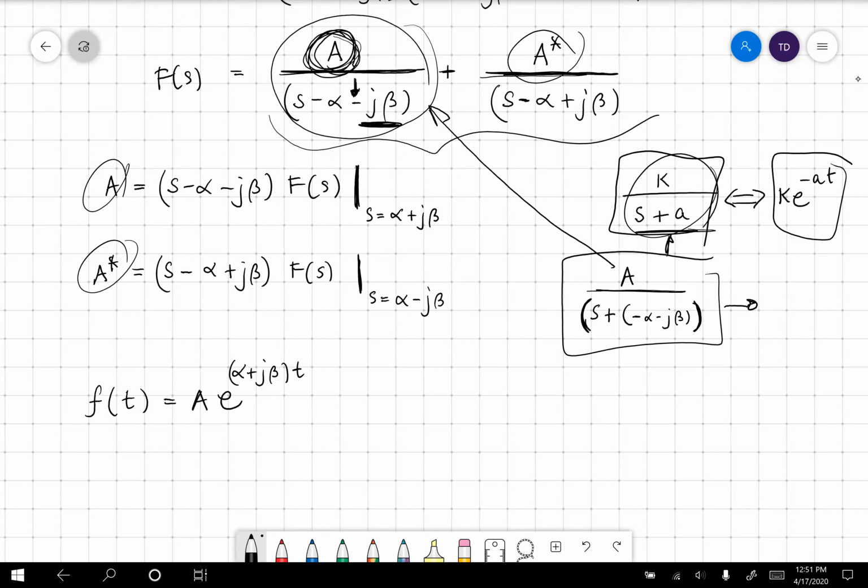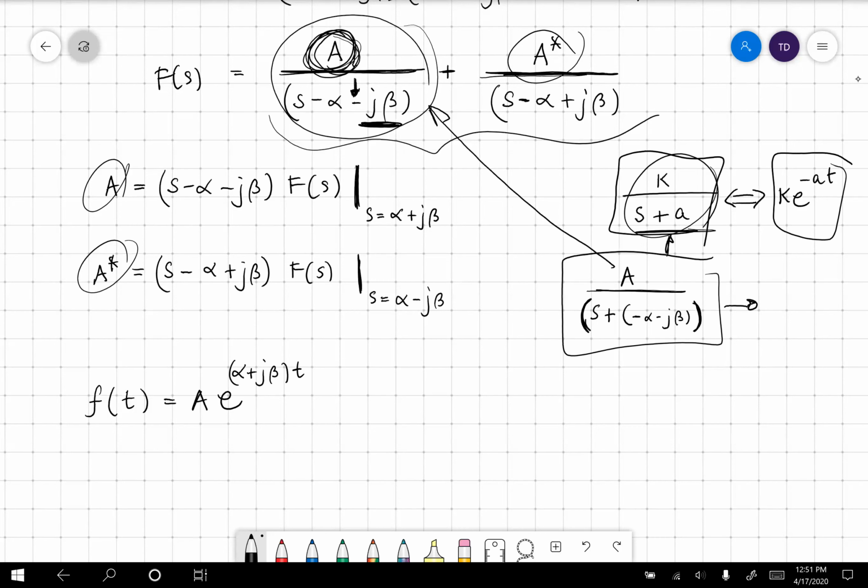Okay, so what do we do with that? Well, we start to find those values. The easiest value to find is A1, right here. So A is equal to s plus 1 times f of s, evaluated when s equals minus 1.